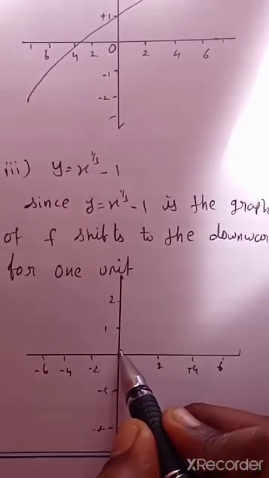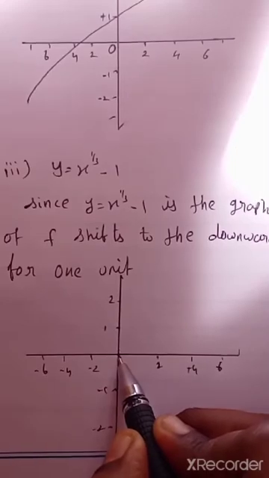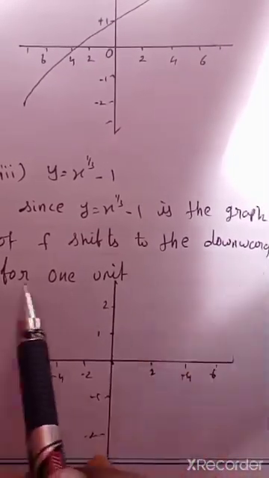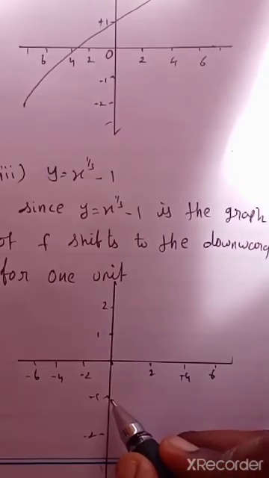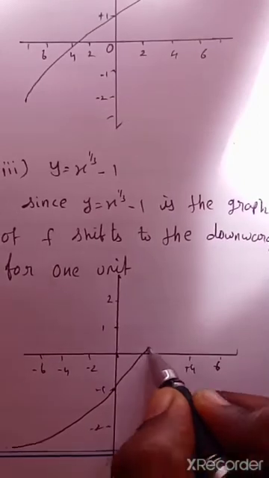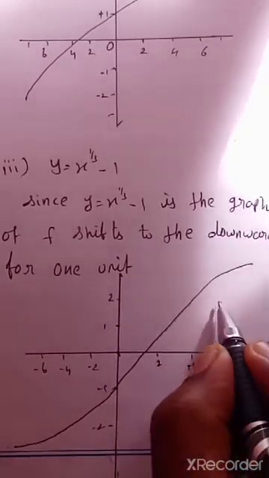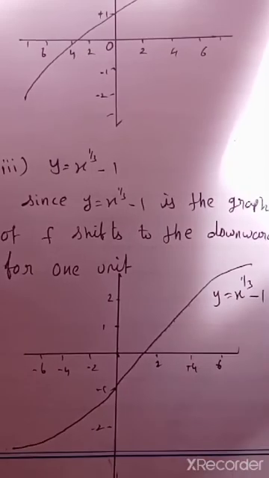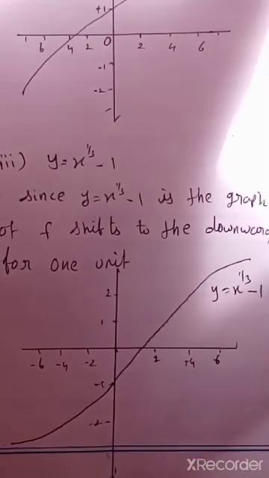So actually it passes through 0, 0. We have to move downward for 1 unit. So downward, here it will come. So the diagram will be like this. This is your y equals x power 1 by 3 minus 1. Clear?